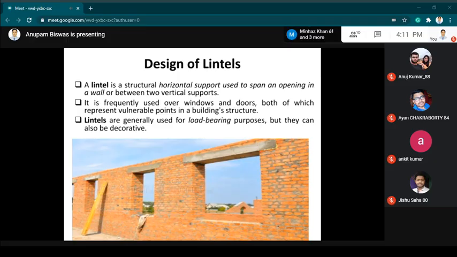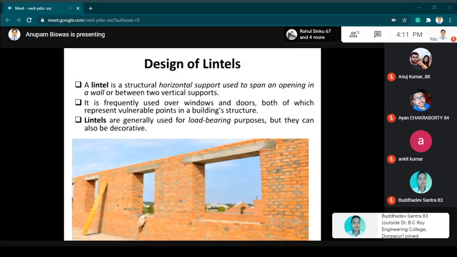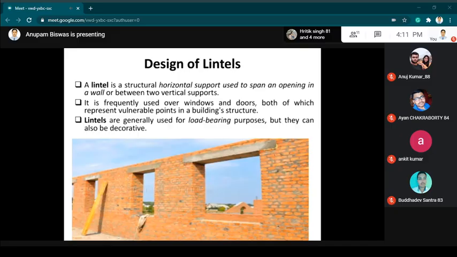Lintels can be made of many types of materials. In earlier days, wood and even metals were used. Nowadays, mostly RC beams are used as lintels, and even some hard stones are used for decorative purposes. In European countries, you can find decorative lintels that are kept open for visual treatment.